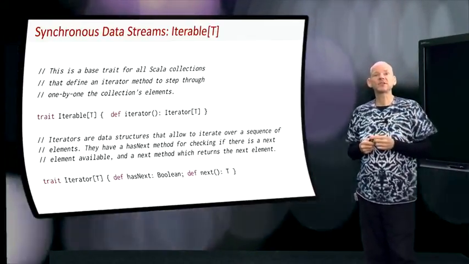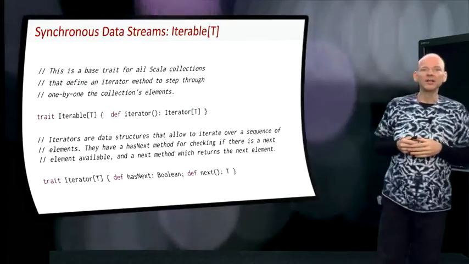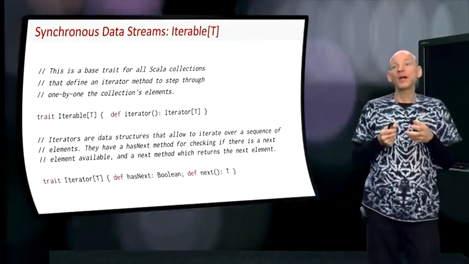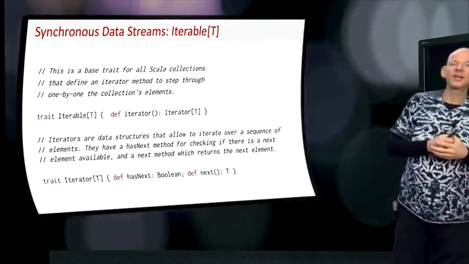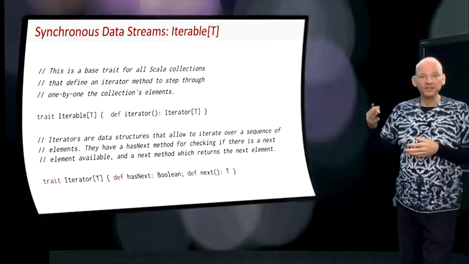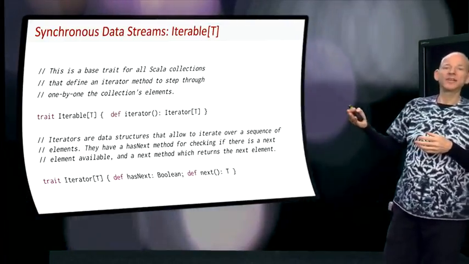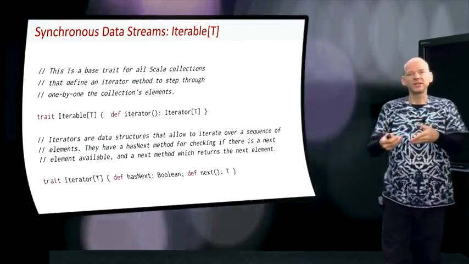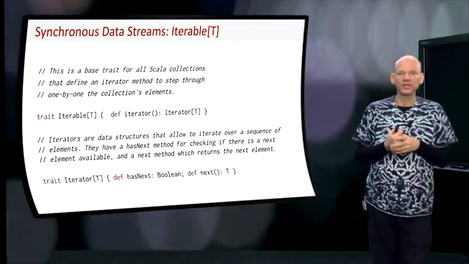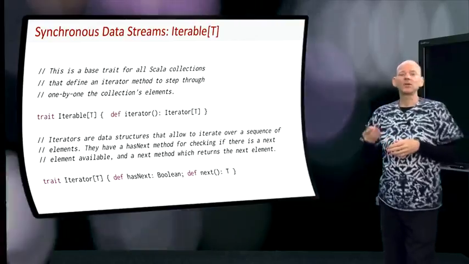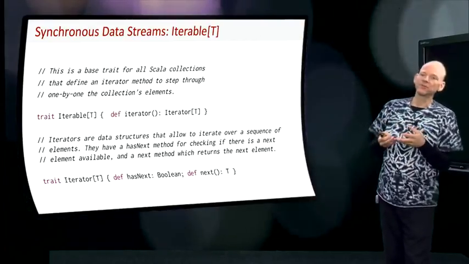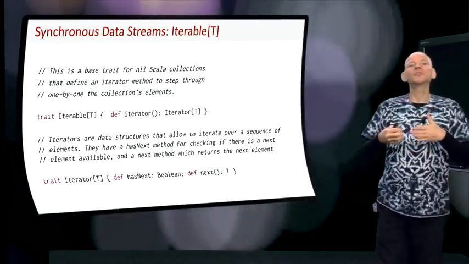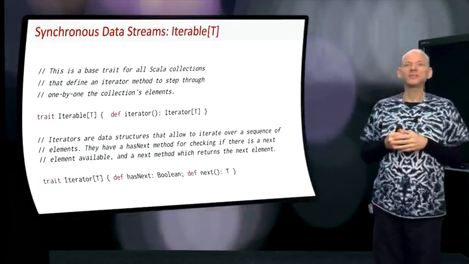Let's recall what iterables are. Iterables are a pair of traits. The first trait is iterable, that has a factory function to create iterators. So that's the function iterator, which returns an iterator. And then once you get an iterator, you can call hasNext, which returns a boolean, indicating if this iterator has more elements.